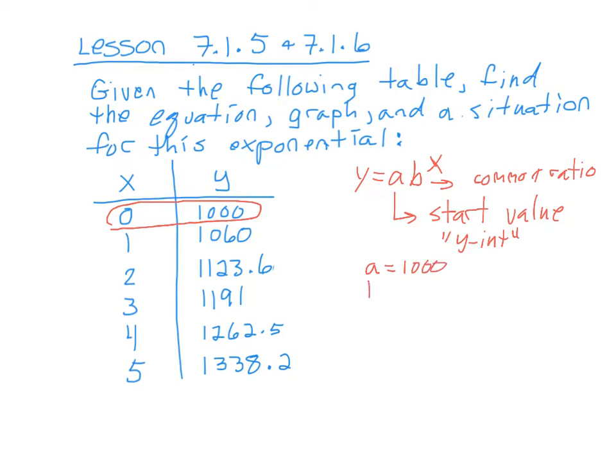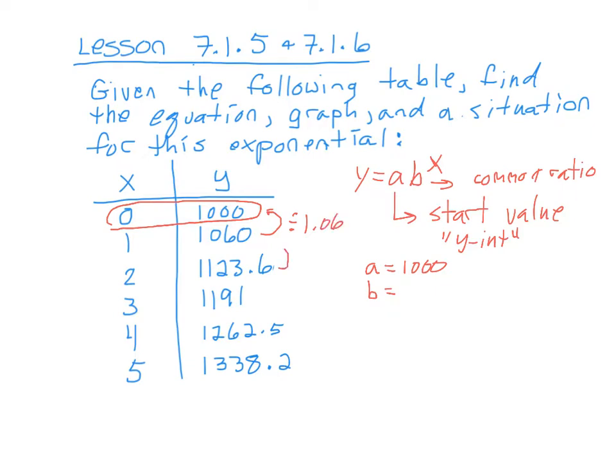Now I need to find b, my common ratio. Like I said, it's found by taking the next value in your table and dividing it by the previous one. So I take 1,060 and divide it by 1,000, and I end up with 1.06.